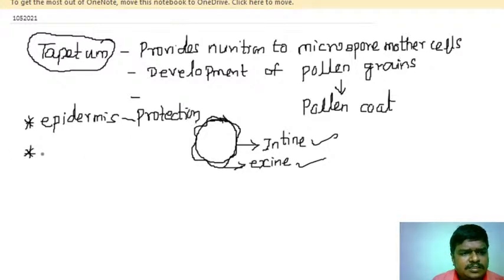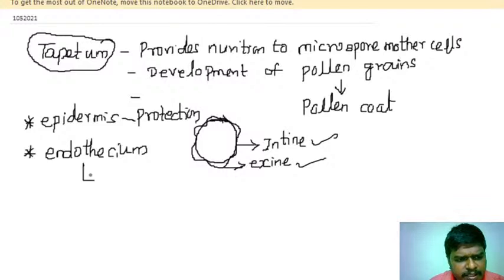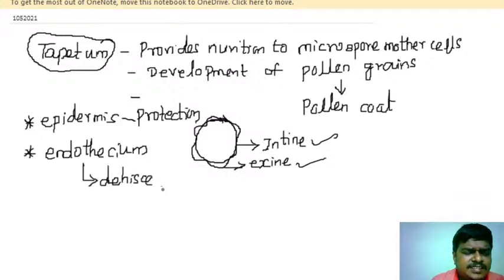Whereas the other layer, we call it endothelium. The endothelium plays a role in dehiscence of anther, the splitting up of the anther.